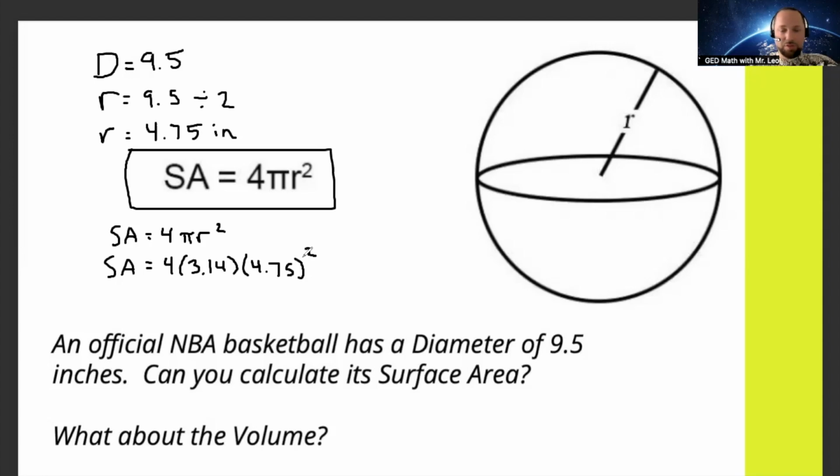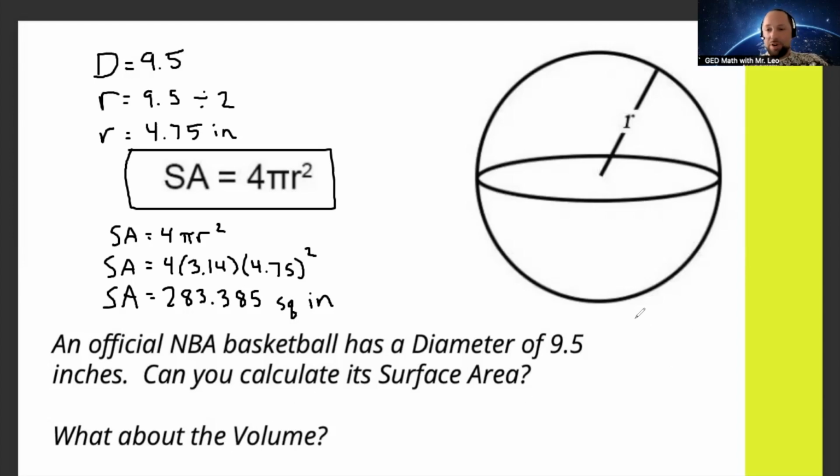I'm going to grab the calculator. 4 times 3.14 times 4.75 to the second power, and I have 283.385 square inches. That means to cover this basketball would take approximately 280 square inches of material to go around the outside of the basketball.